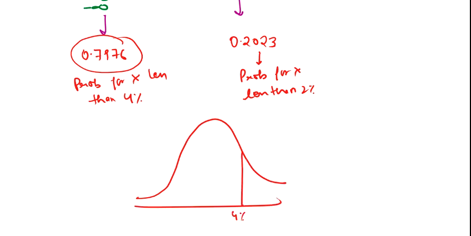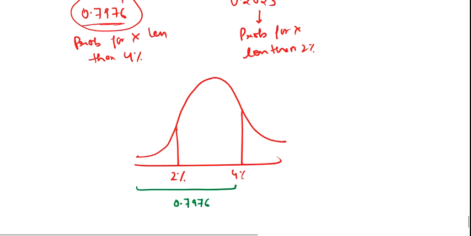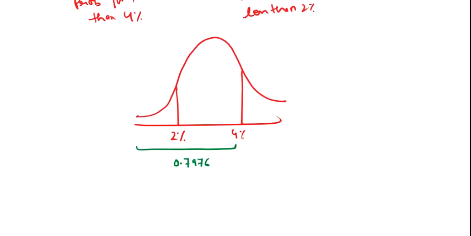This one is 4%, this one is 2%. Clear? But the probability, that is 0.7976, is for this area, and 0.2023 is for this area, and I need the value for this area.